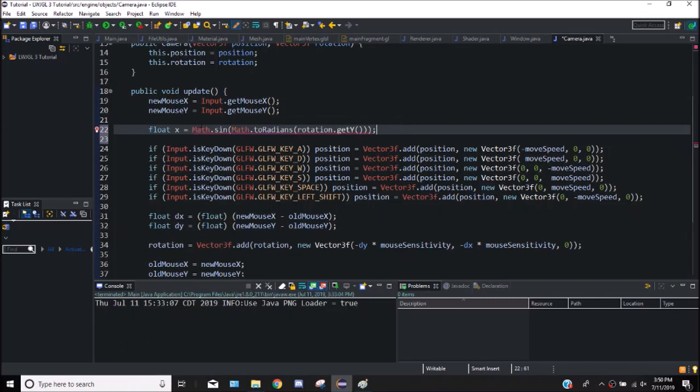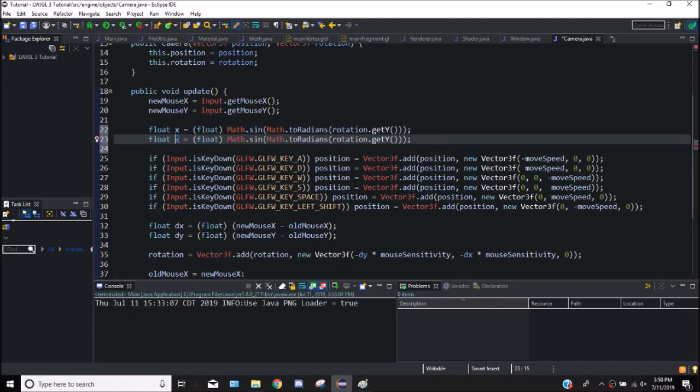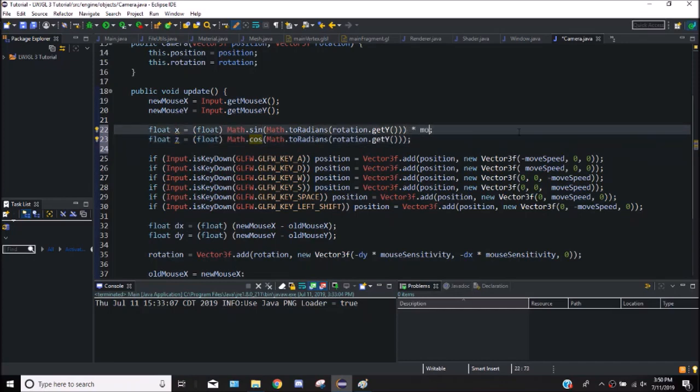So if we do that, we have to cast this to a float, so float math.sine. And then we do the same thing for Z, but obviously for cosine. So Z is equal to cosine. And with these, we also have to multiply by move speed.